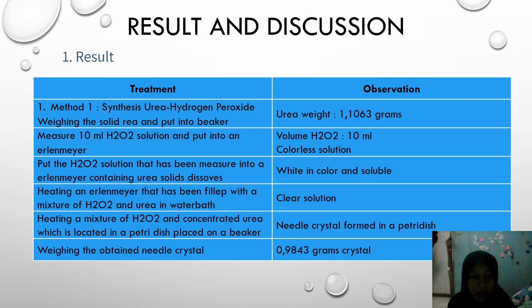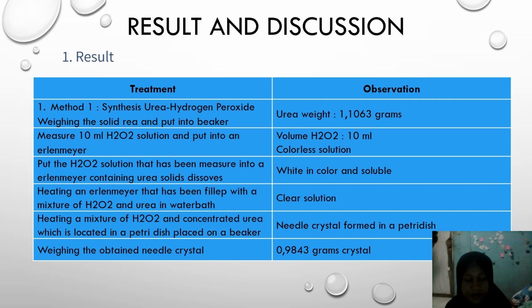Then put the measured H2O2 into the Erlenmeyer containing the urea solid, which dissolves. Heat the Erlenmeyer filled with the mixture of H2O2 and urea in a water bath.